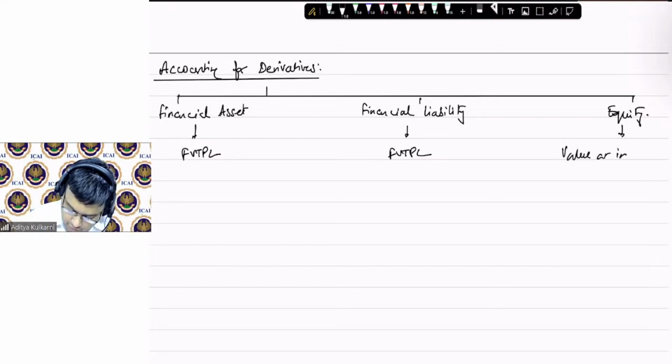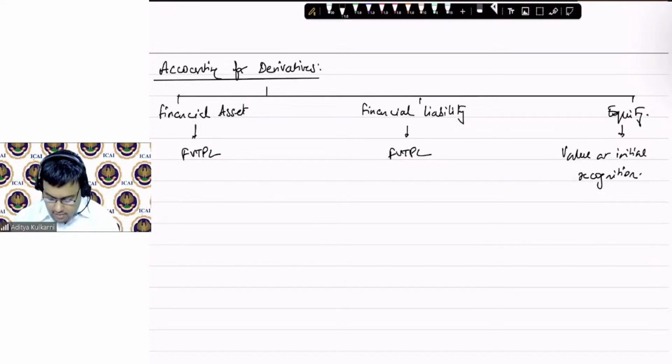That's it. No further changes. Is it okay? Are you able to understand? So FVTPL for an asset, for a liability, and for equity, the value at initial recognition.